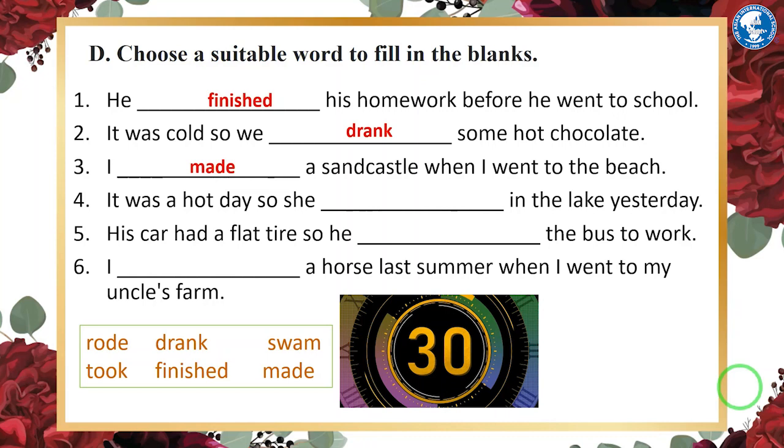Number 4. It was a hot day, so she swam in the lake yesterday. Number 5. His car had a flat tire, so he took the bus to work. Number 6. I rode a horse last summer when I went to my uncle's farm. Very good.